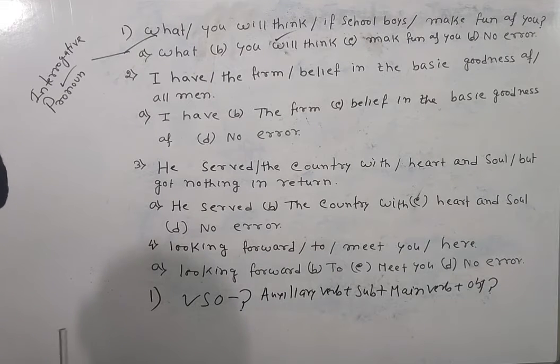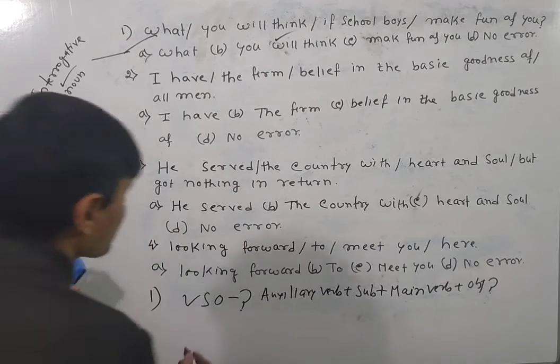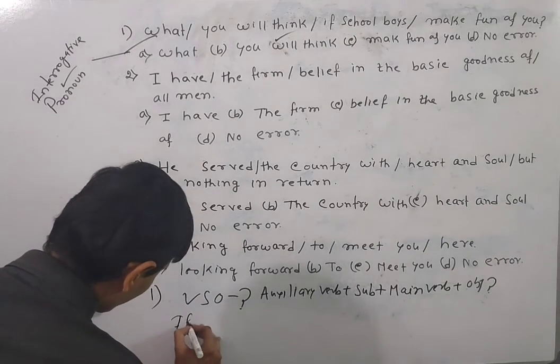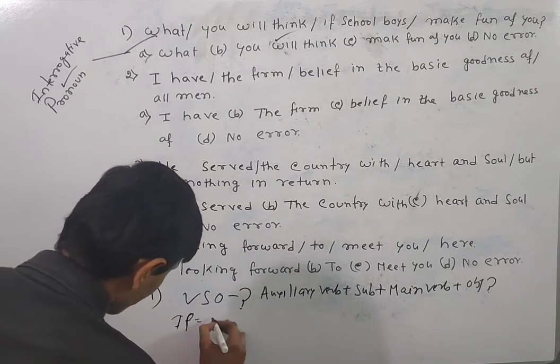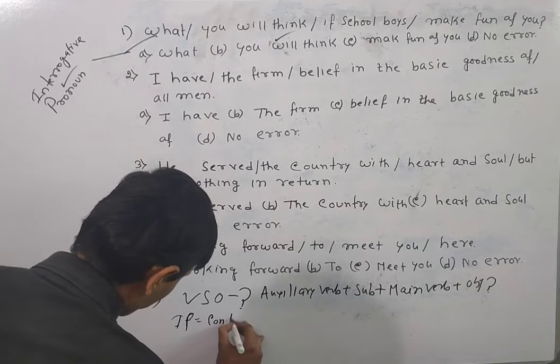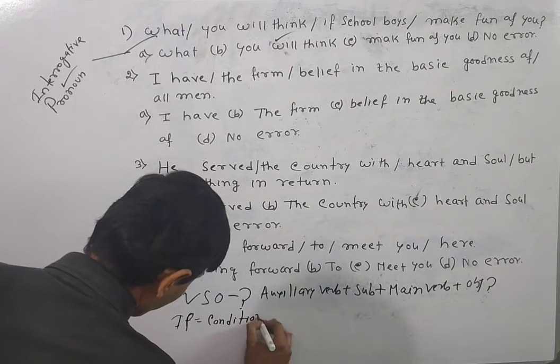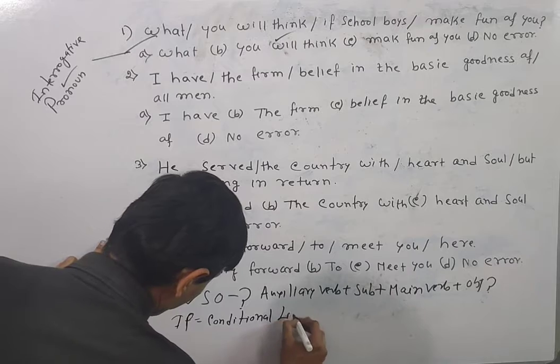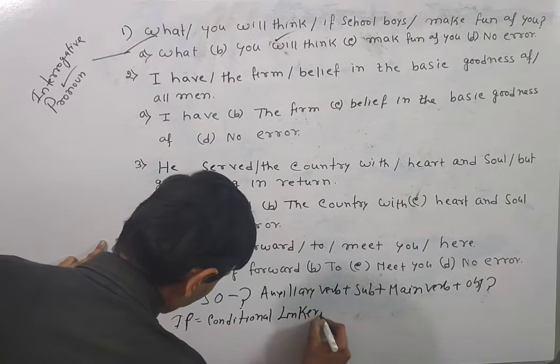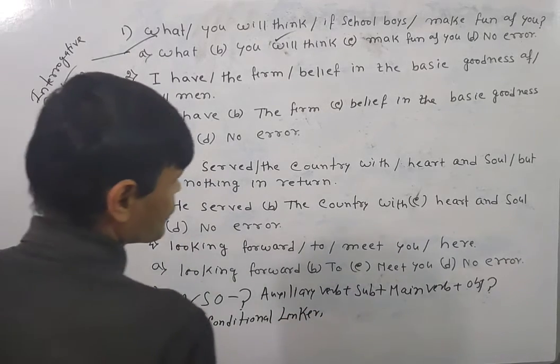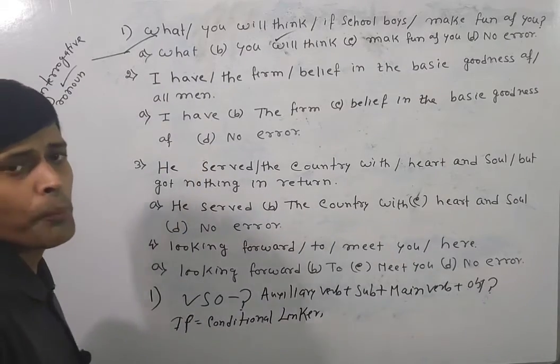Now if you break the sentence down to a great extent, "if" is functioning here as a conditional linker. Now schoolboys, what kind of subject is this? This is actually called the compound subject.